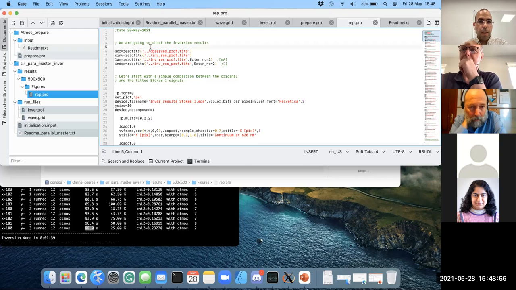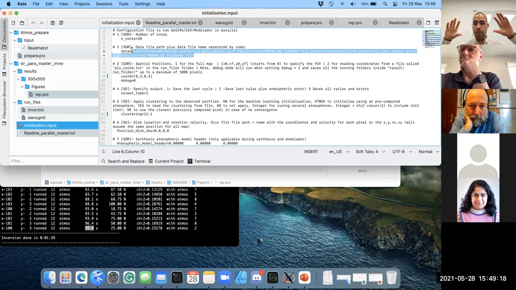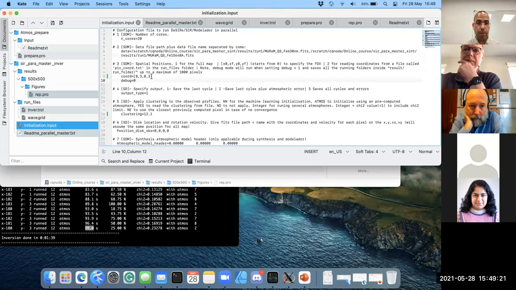The first thing I did was to read this file that is the input profiles. We are saving it at the same time. If you remember, we are starting the inversion with these two files, but they are 500 times 500 pixels, and we are just running 16.